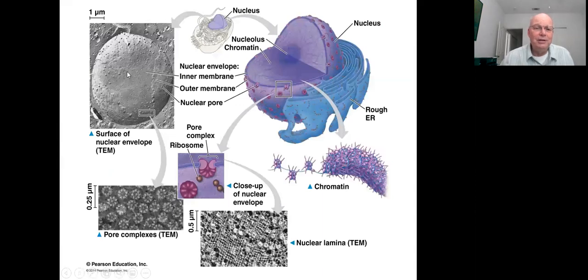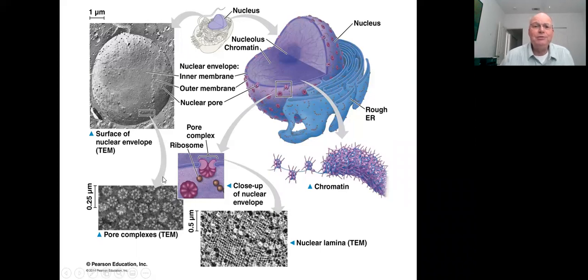So here you can see an electron microscope image of a nucleus, and you can see the nuclear envelope. It's made up of two membranes, an inner and outer membrane separated by a gap. And that gap is spanned in locations by a complex of proteins that forms a nuclear pore.